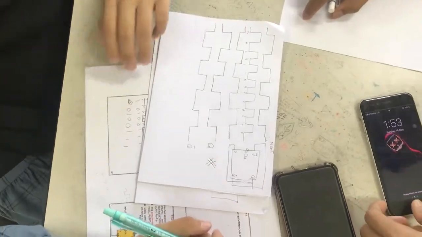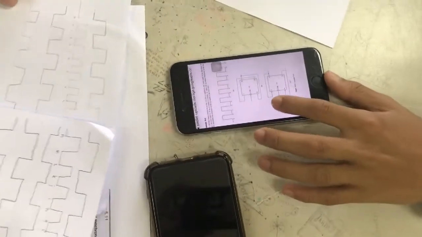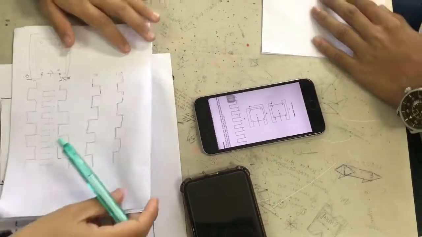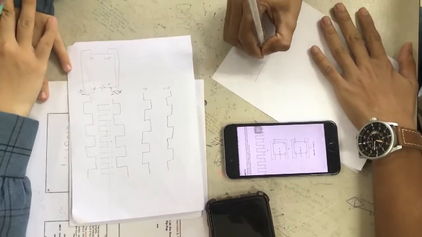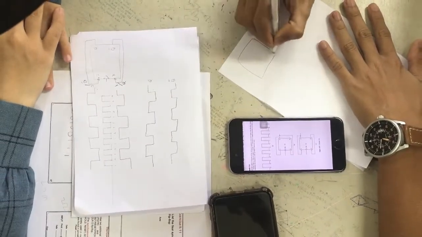For the second figure, try to do it by yourself. I will supervise you. First draw the flip-flops.